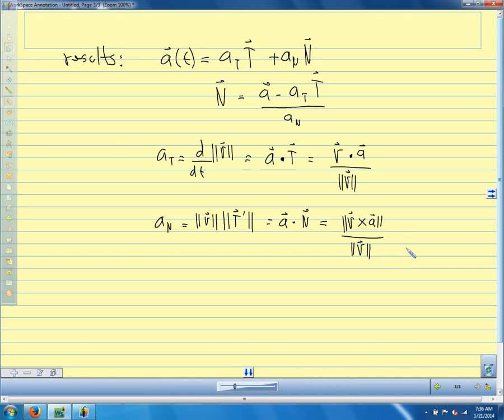So this gives us an easier way of finding a sub n. We don't have to deal with this magnitude of t prime. V cross a over the length of v. And finally, by forming a dot a, we find that a sub n is also equal to the square root of the magnitude of the acceleration squared minus a sub t squared.